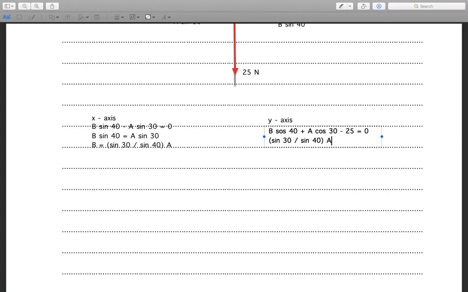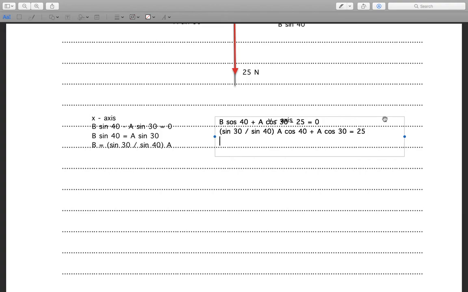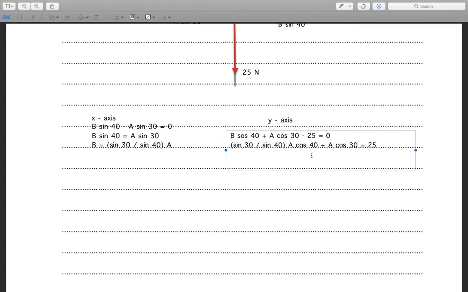This is B times cos 40, plus A cos 30 equals 25. Okay, continue. Finally we get A.